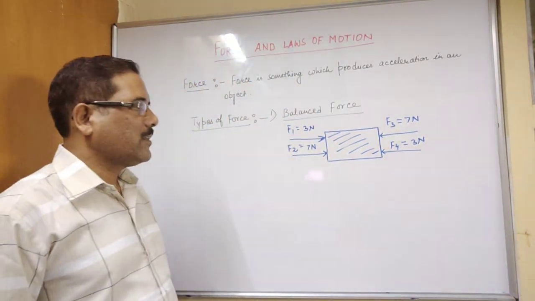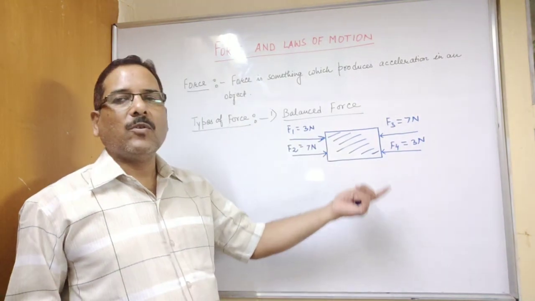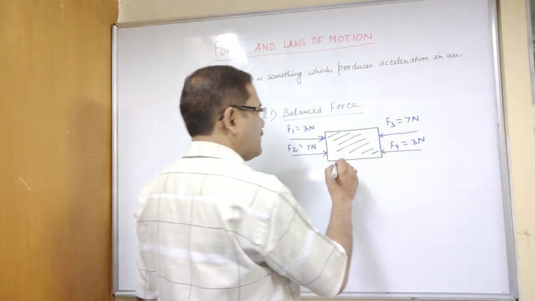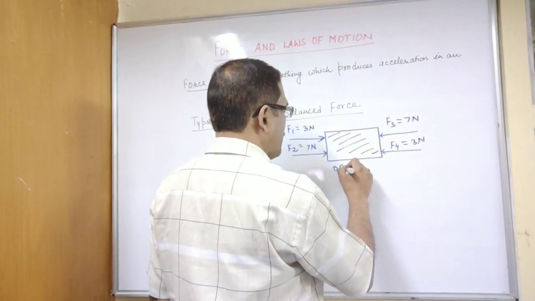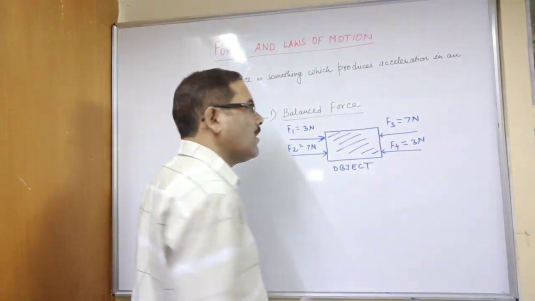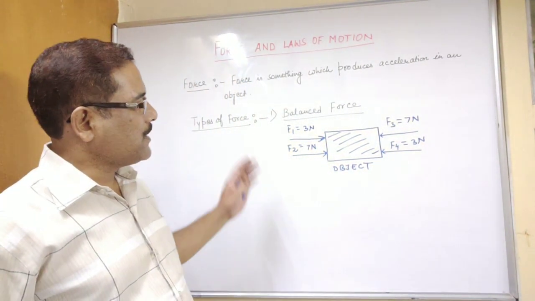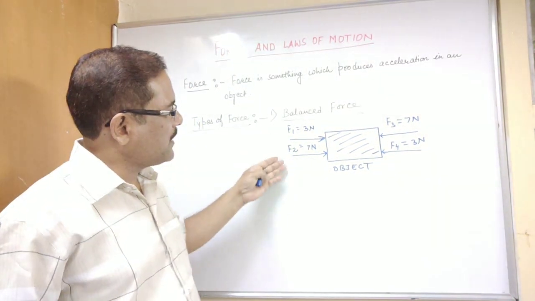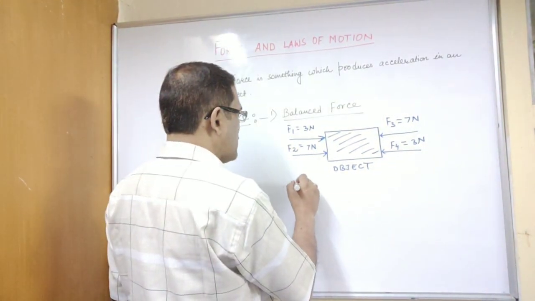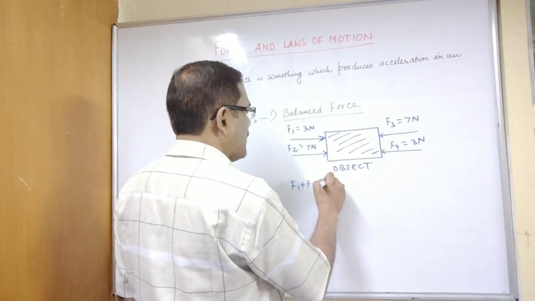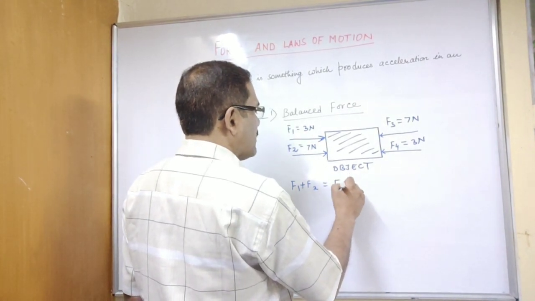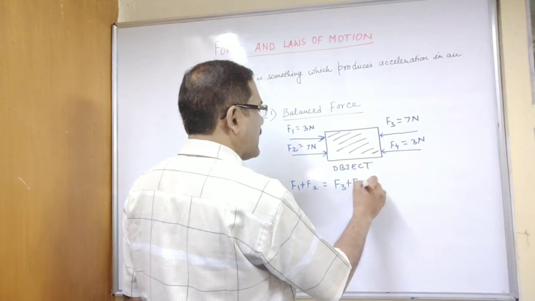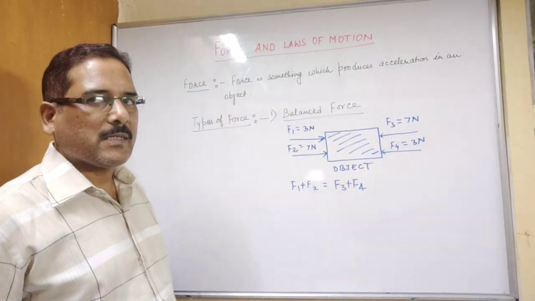So in this case, what do you think? The object will move or it will not move? The object will not move, because the sum of forces on the left side, F1 plus F2, is equal to the sum of forces on the right side, that is F3 plus F4.